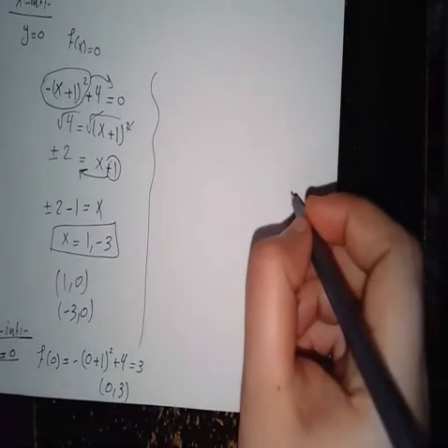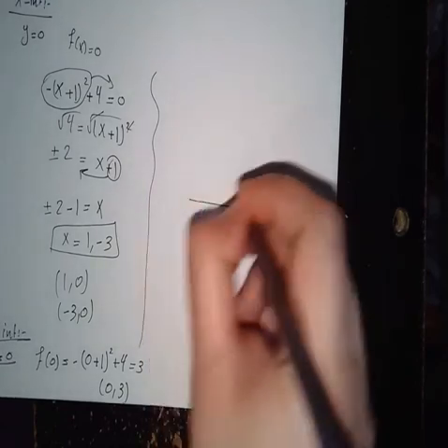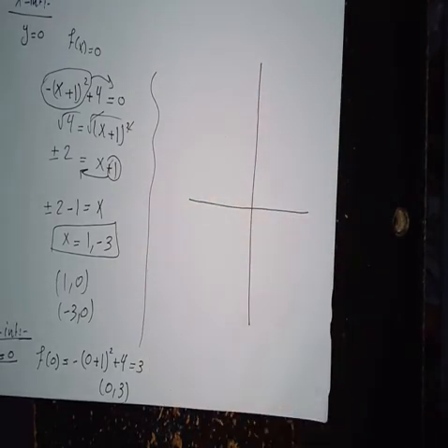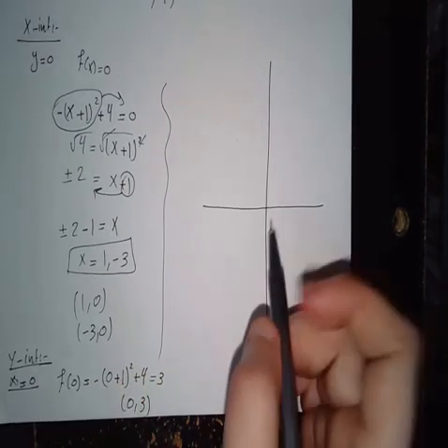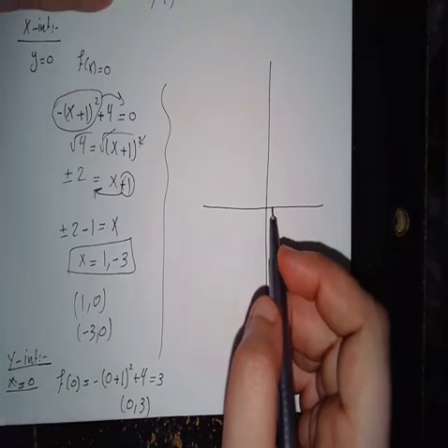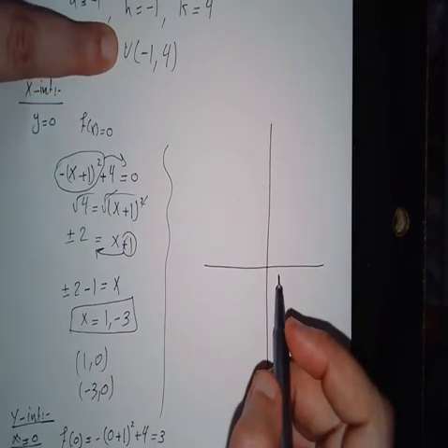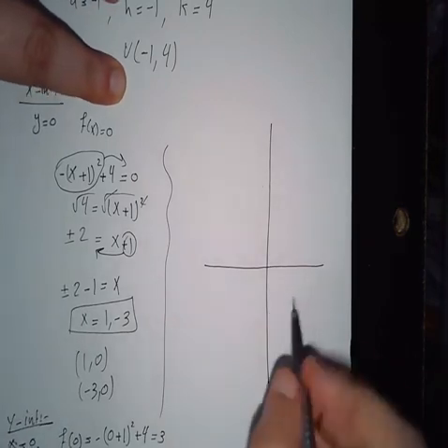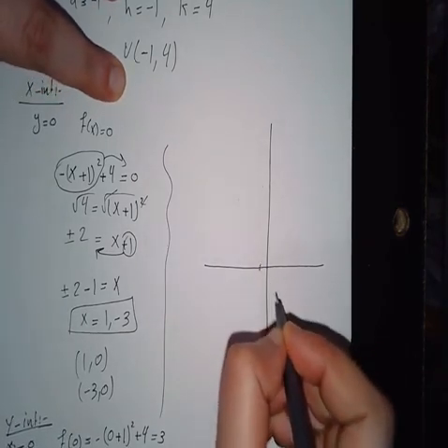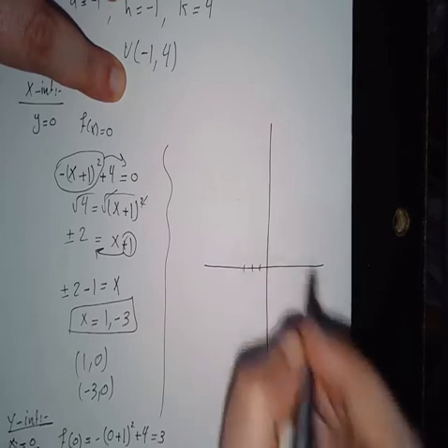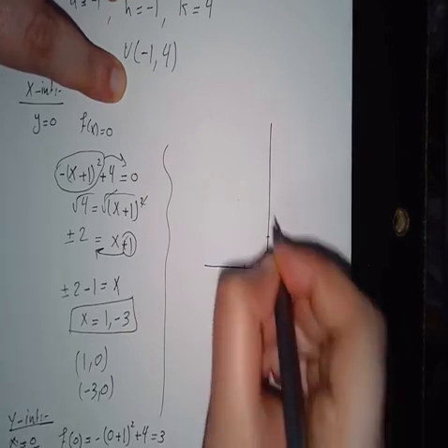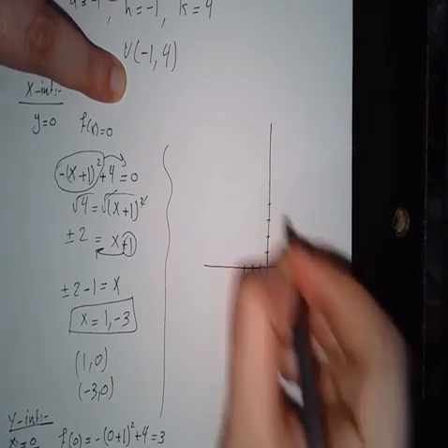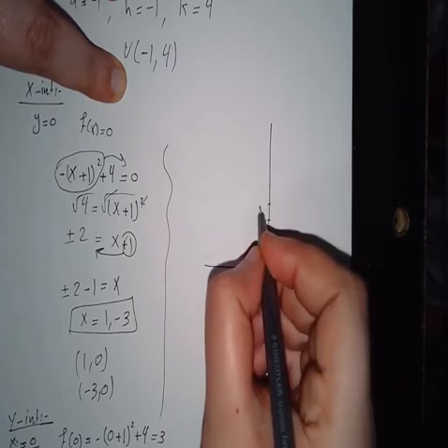I'll do it right here. Okay, so let's start with the vertex. I'm going to go down a little bit so you can see it. It's negative 1 and 4, right? So negative 1 for x, negative 2, negative 3, just for fun. And then we have 1, 2, 3, 4. Okay, so (-1, 4).